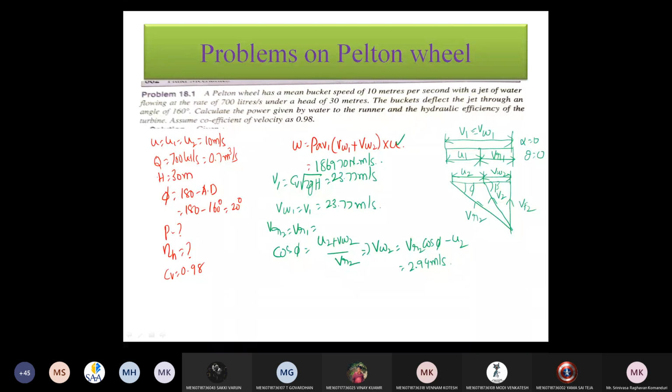Is there any other value for VW2? 186970. Only one student gave the answer. Roll number 30, are you there?